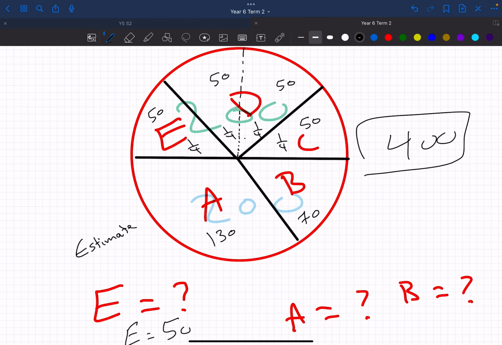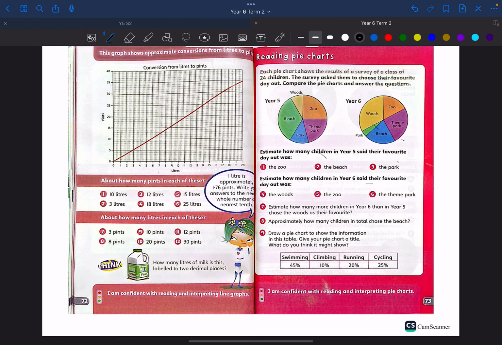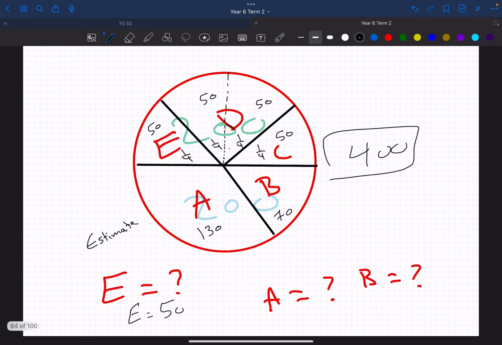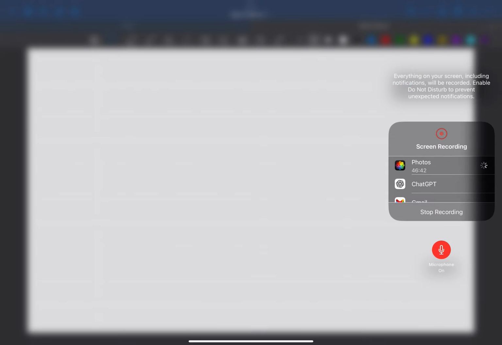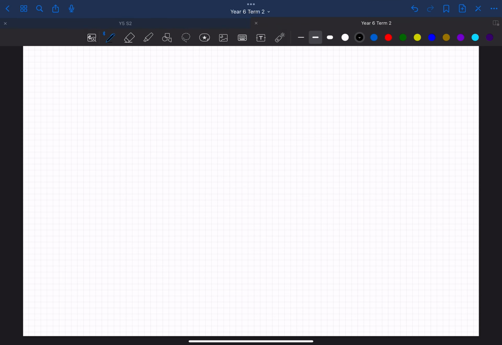That's for reading graphs and pie charts. Okay. So, right. Nice. Look here. We have a coordinate. What's the coordinate?